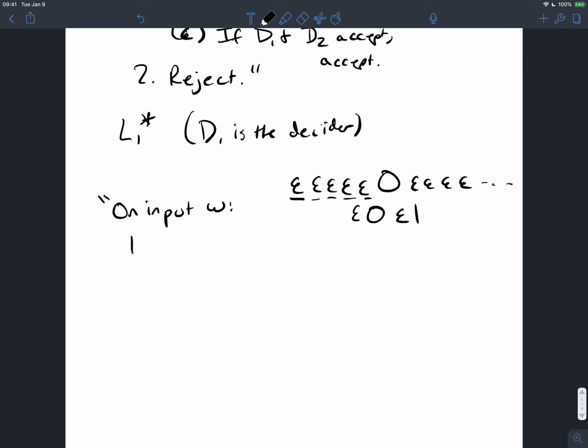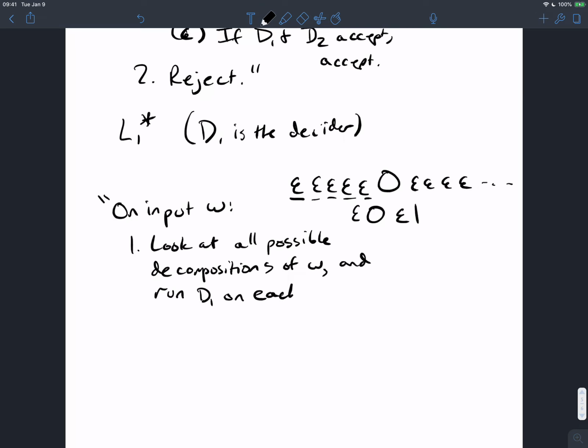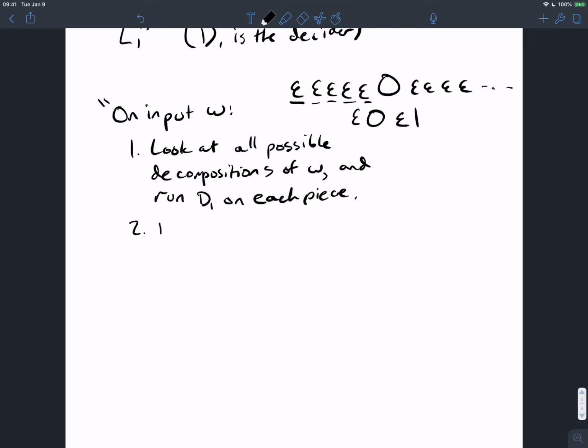So look at all possible decompositions of W and run D1 on each piece. If any decomposition has D1 accept all pieces, what should we say?